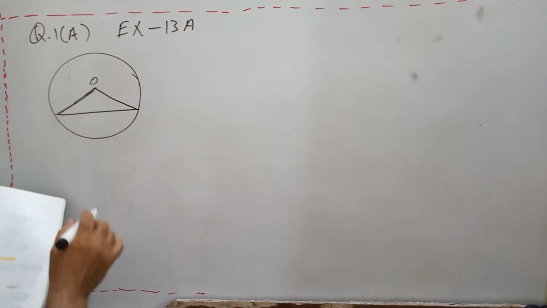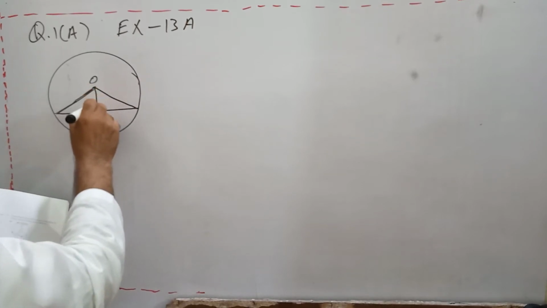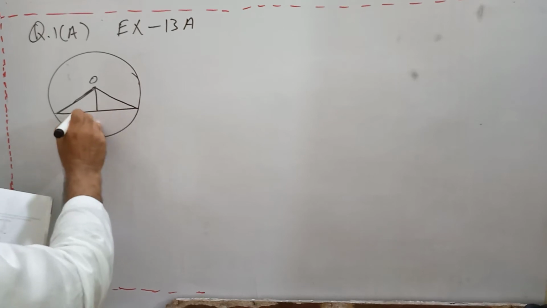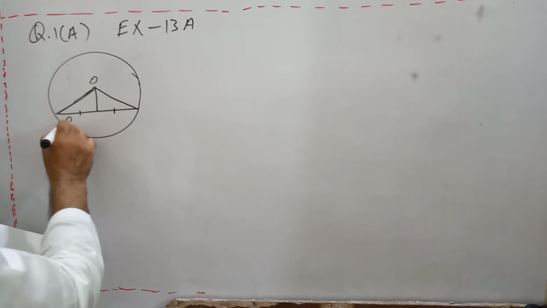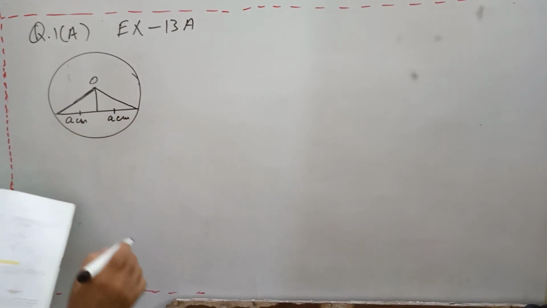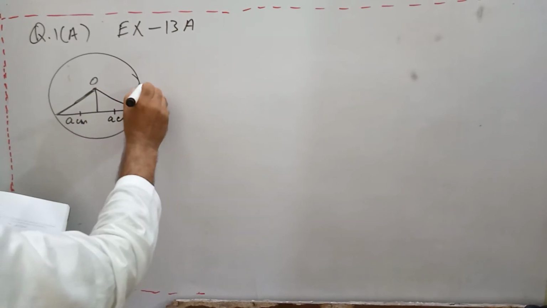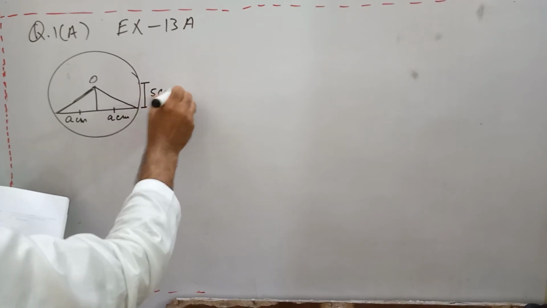This perpendicular will cut the circle into two parts. He has marked this as A centimeters in the question, and this height is 5 centimeters.